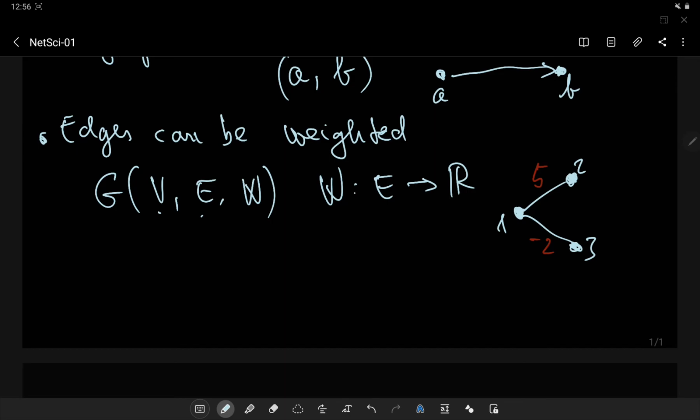Let's say that 5 is the maximum possible number here, whereas with node 3 it's some kind of disagreement or unlikeness between the two nodes. But interpretation of the weights is always problem specific.